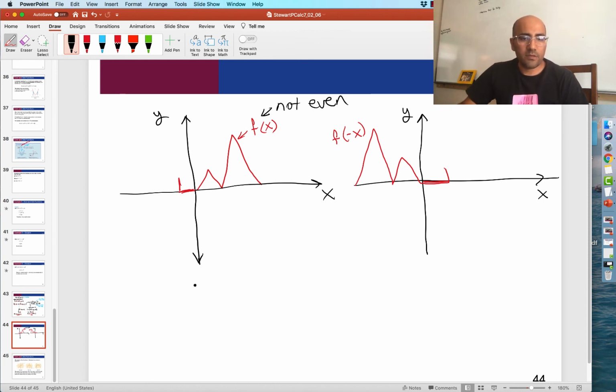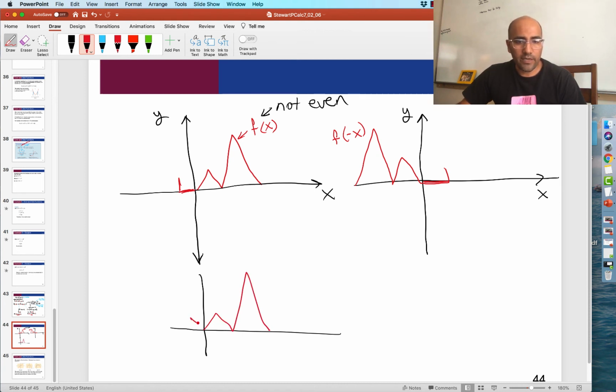Good. If it was something where you could rotate it and they both look identical, like let's say the original function looked like this, maybe it had a little triangle here and then a big triangle, and the other side looked the same, a little triangle here and then a big triangle.